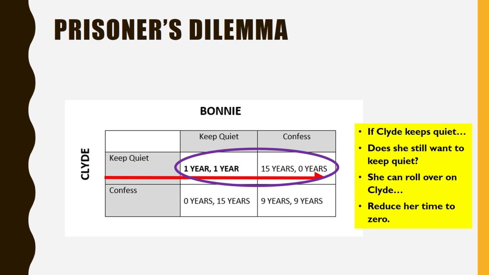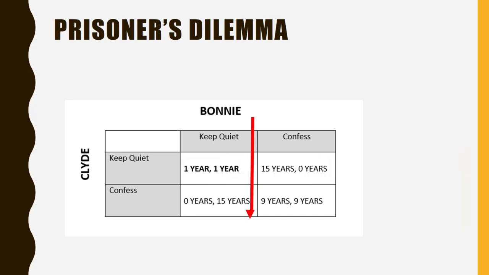So hopefully you see that what we had before is not an equilibrium, because Bonnie would want to change her mind. Now, let's look at it from Clyde's perspective. So let's say that Bonnie says, oh, I love Clyde so much, I'm going to keep quiet. Well, now Clyde has to choose a row. So he can keep quiet or confess.